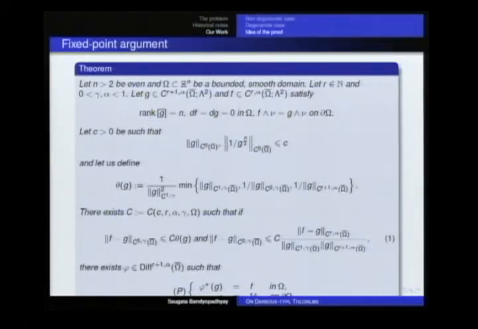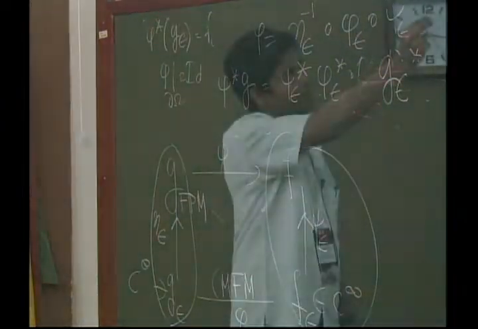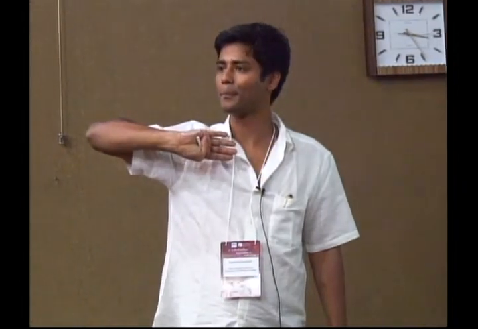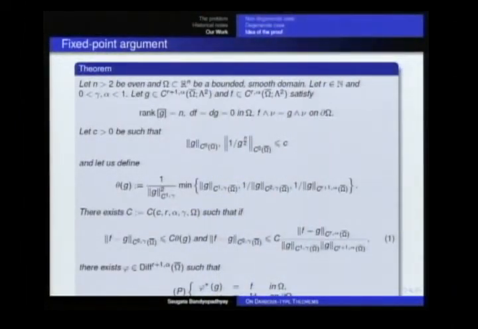But while combining with the Moser flow method, when you do the approximation, this extra regularity on the interior gets transferred to the boundary only. This shows that when F and G are close in some lower order norm, then we can solve the pullback equation.